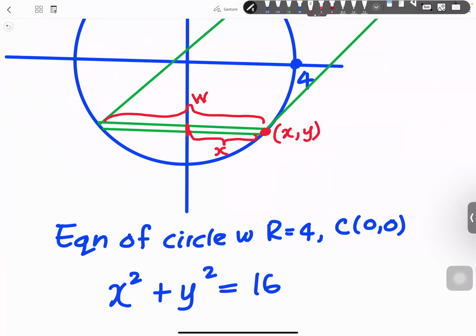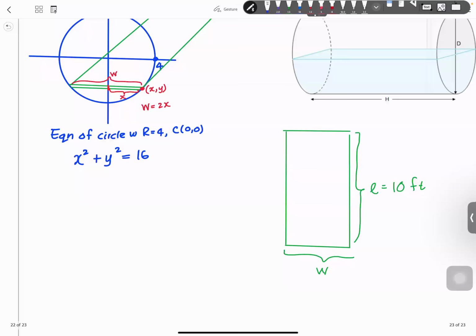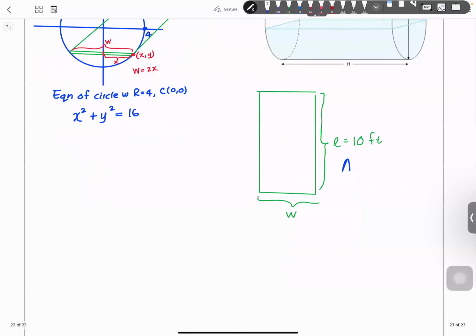So what does that make W equal to? W is equal to 2x. So if we come back over here and write an expression for the area of a slice, W times L, the W is going to be 2x and the length is 10. So that makes it 20x.